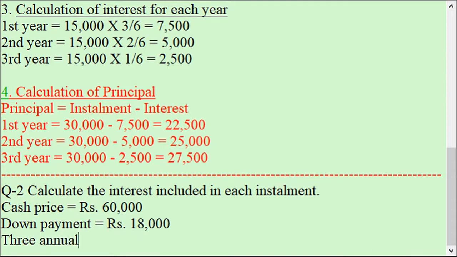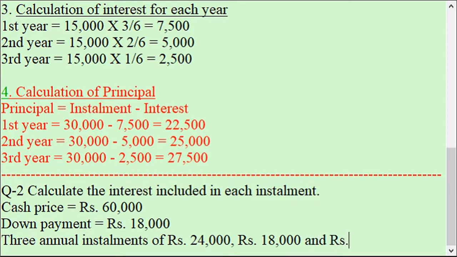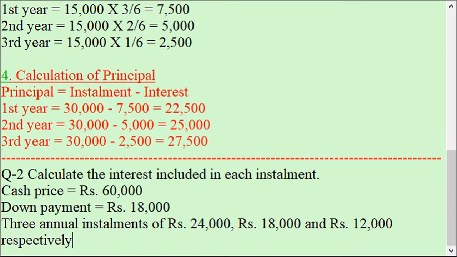The annual installments of rupees 24,000, rupees 18,000 and rupees 12,000 respectively, payable at the end of each year.